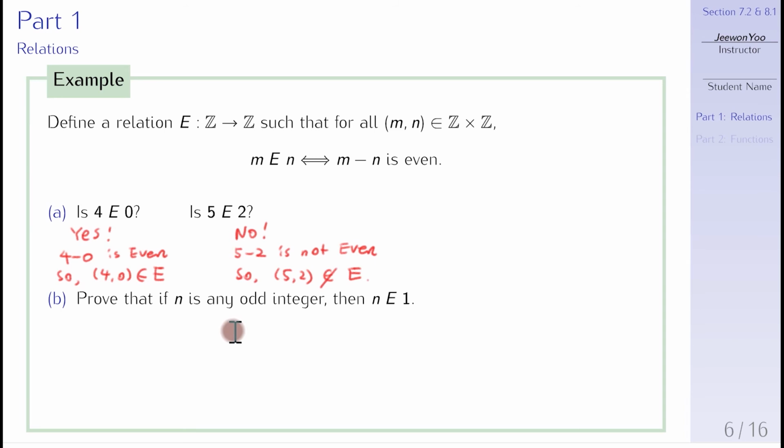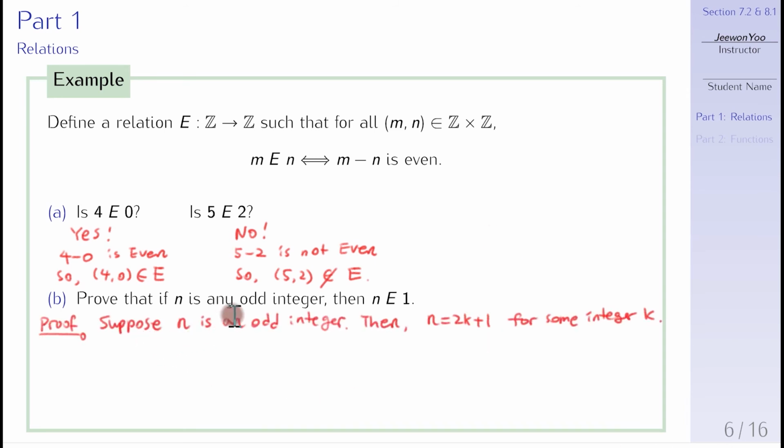Let's write the proof. Suppose n is an odd integer, then n can be written as 2k plus 1 for some integer k. That's our introduction sentence. The rest is actually pretty easy. We have to show n E 1. In other words, we have to show n take away 1 is an even number.